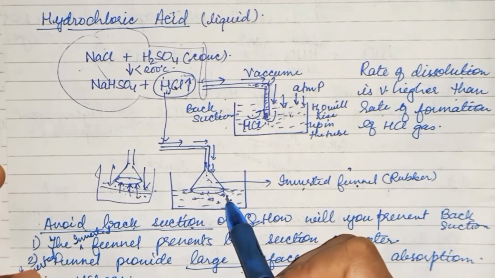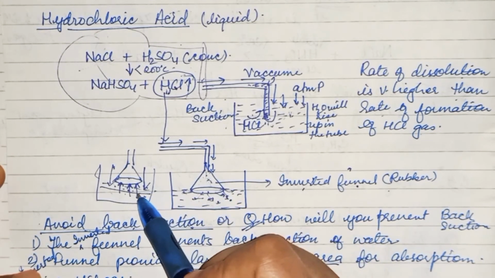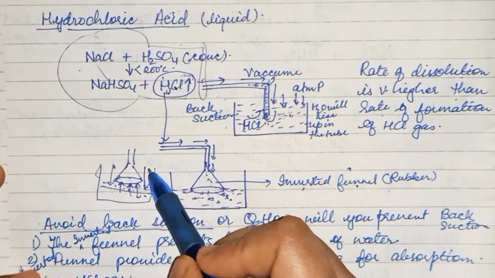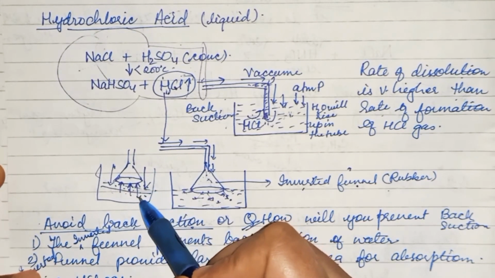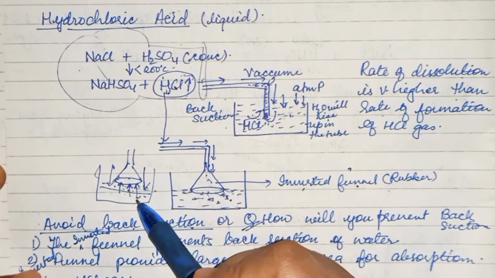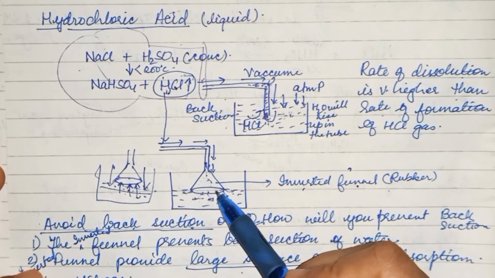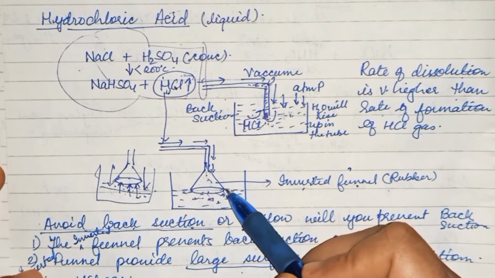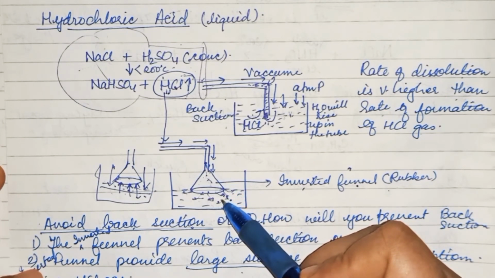Once the gas is dissolved, here again a vacuum is created, and due to the vacuum, atmospheric pressure is applied on the liquid and the liquid will push up that funnel. Again you will see that the funnel is moving up and down, and this movement goes on continuously unless all the gas is dissolved in the water.